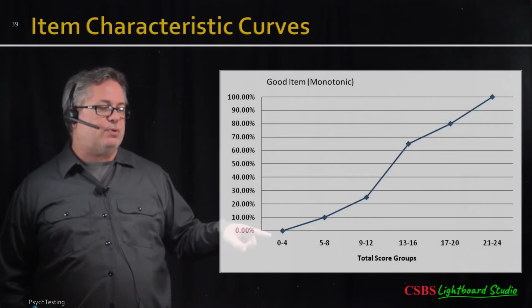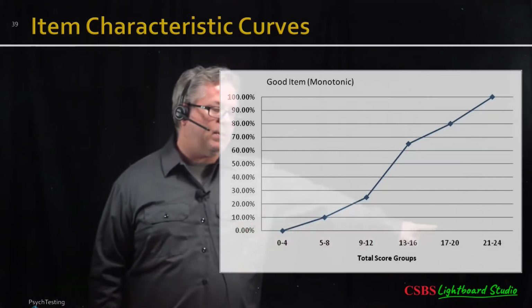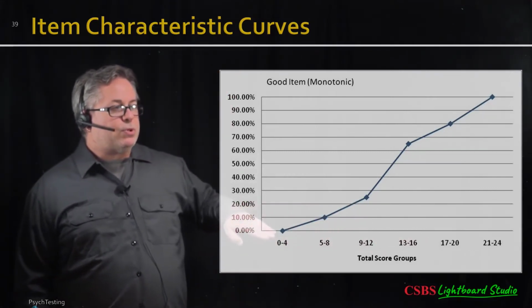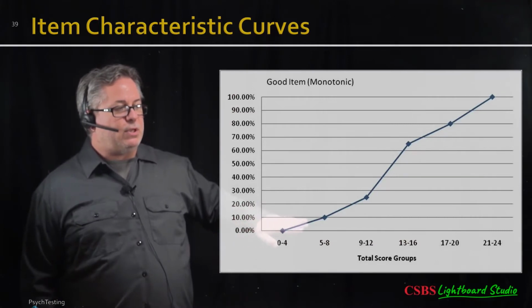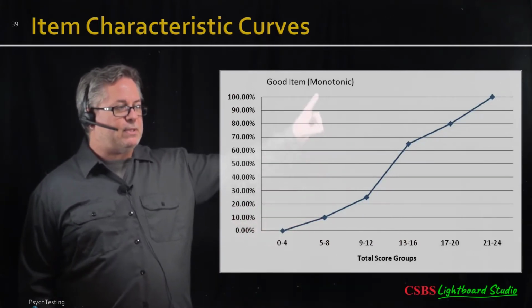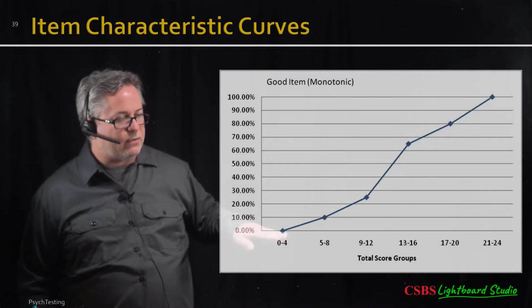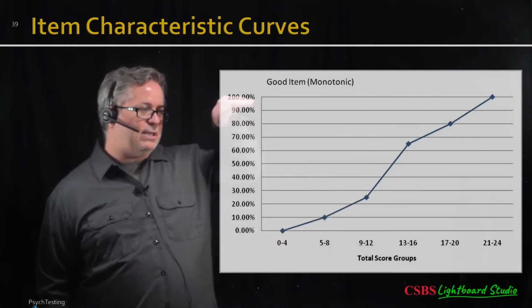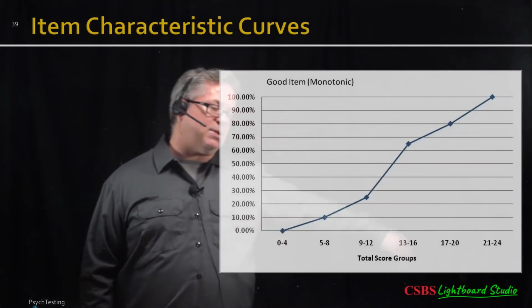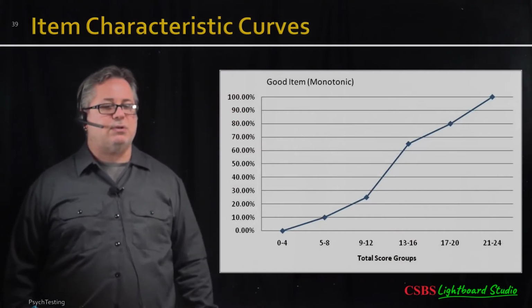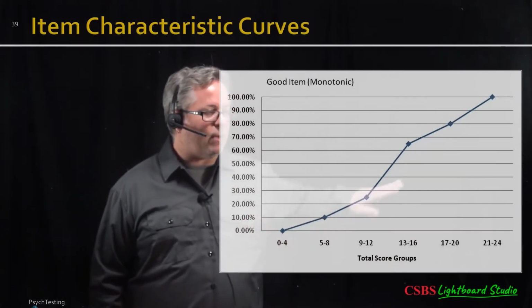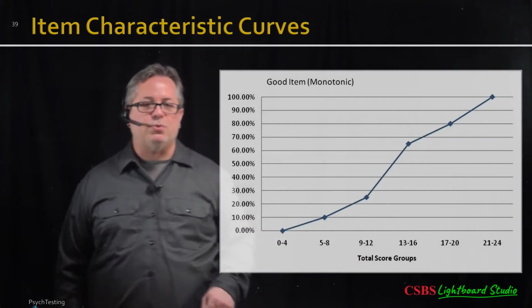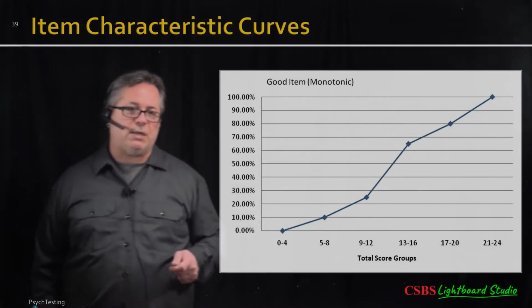If that's true, as this goes up, the proportion of people responding to it continues to go up. That means the item is monotonic. It is increasing or decreasing in a single direction. It doesn't change directions or anything. It goes ever upward as the total score groups go up. That's a monotonic item.